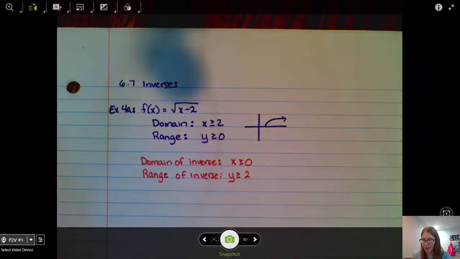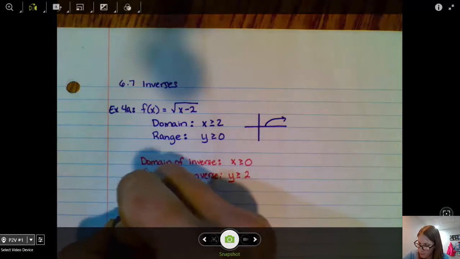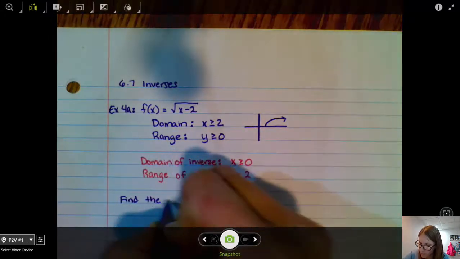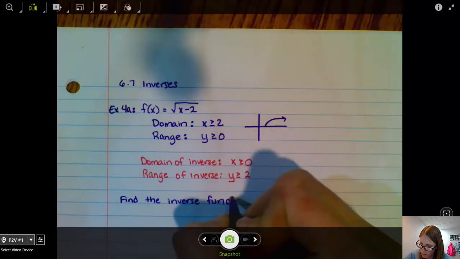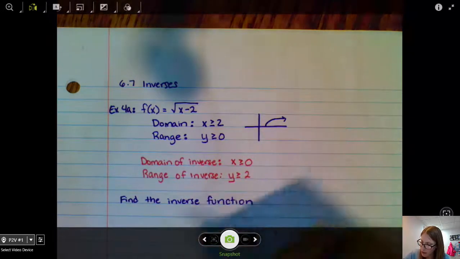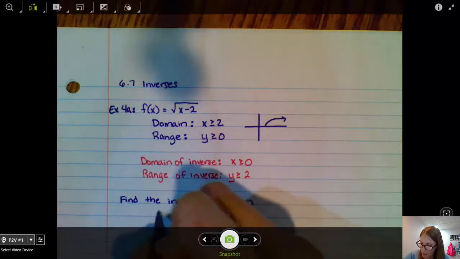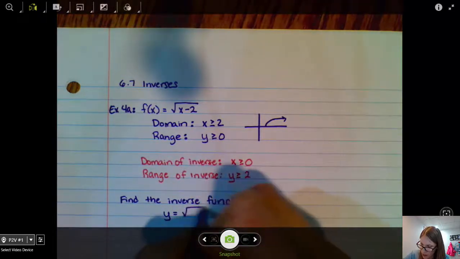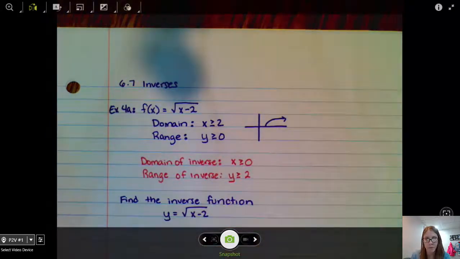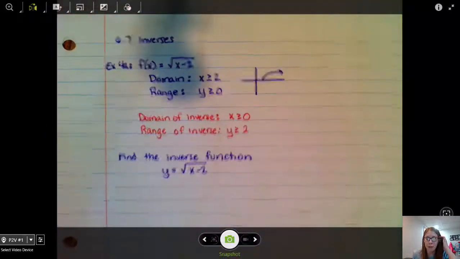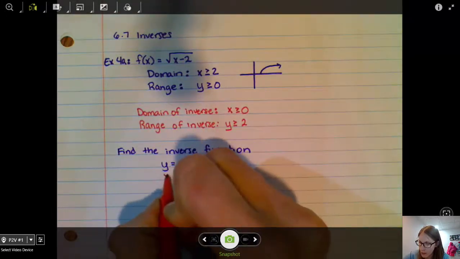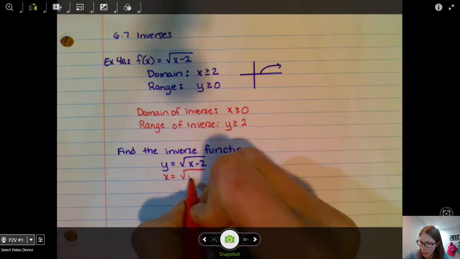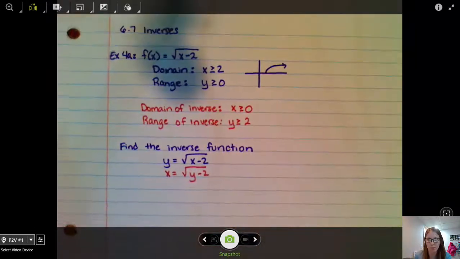Okay, let's try to find the inverse function now. Find the inverse function for f of x, or y equals the square root of x minus 2. Just like before when we were doing this, my first step is to switch the x and the y around, which gives me x equals the square root of y minus 2.